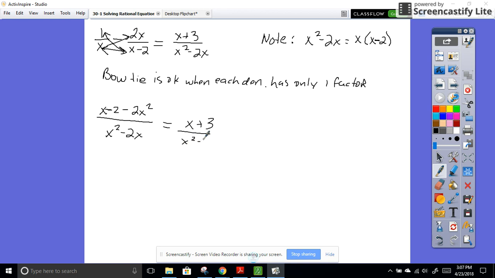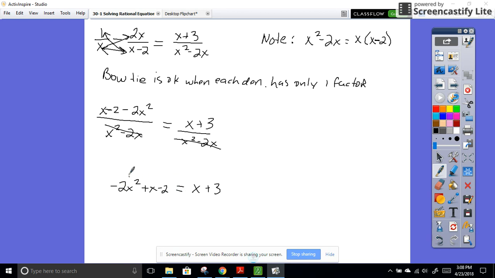Okay, so when our denominators are the same, they just cancel out. Okay, so what I have up here is negative 2x squared plus x minus 2 equals x plus 3. So what I have here is a quadratic, and the quadratic, I need to solve it by setting it equal to 0.